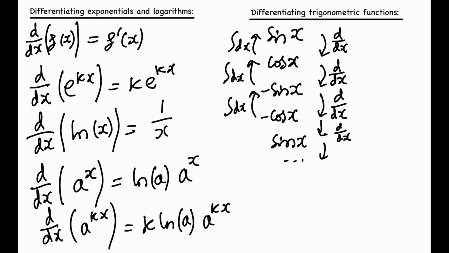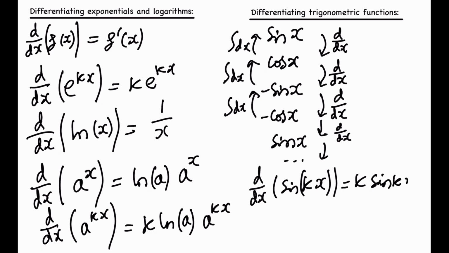Now for sine and cos, there's a special case of the chain rule. If you differentiate d over dx of sine with a constant times x inside the brackets, you'll just get k, which is the differentiation of the kx in the middle, times cos kx inside the brackets. And this still applies for cos as well.